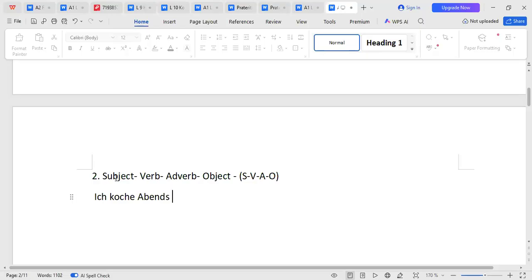I cook fish in the evening. Oder ich koche abends ugali. Ich koche abends ugali. Ich, subject. Koche is the verb, must stay in the second position. Abends is the adverb of time, evening. Then ugali is the object.